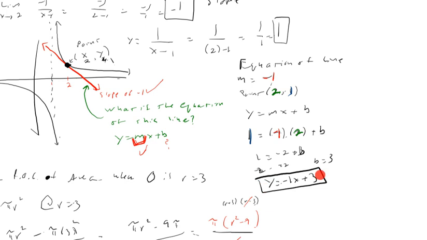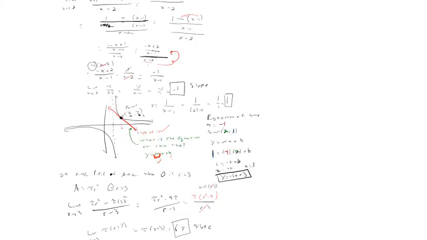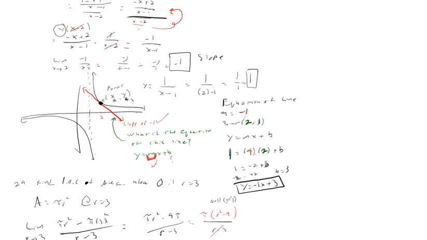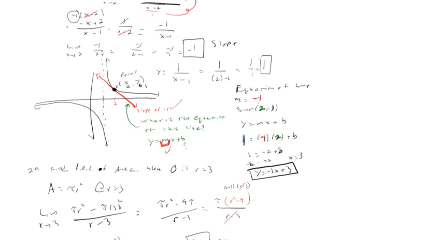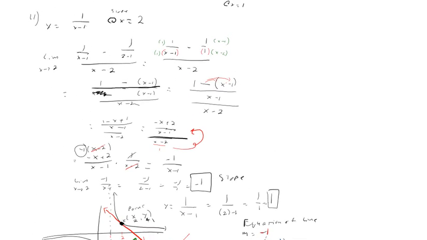And this is what you're going to do over the weekend. Find equations of tangent lines. Your assignment is going to be doing the tangent slope equation, doing what we did with our formula, f of x minus f of a over x minus a, our formula with the limit.